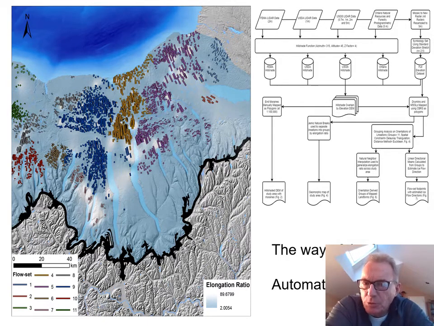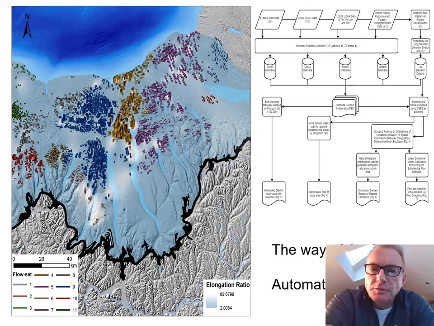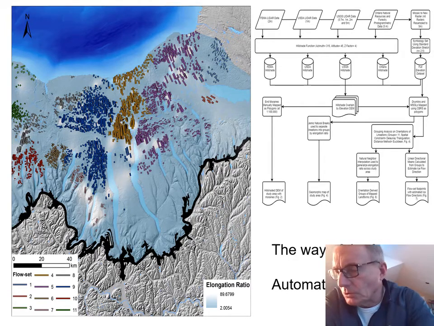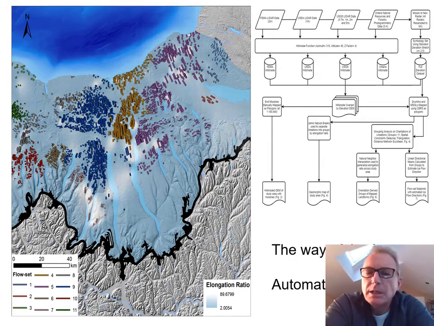So basically a computer can be trained to recognize certain features. And this is a map that we've produced from Upper New York State. It's in regard to glacial geology, but it could be anything, where we've trained the computer to recognize certain landforms. And these are early days yet, but this will expand.